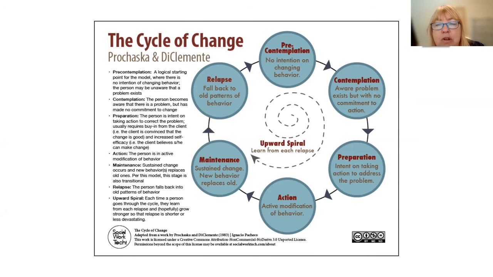If you look at any statistics about people giving up smoking, they often relapse several times before they somehow get themselves into that maintenance point and stay there. Okay.